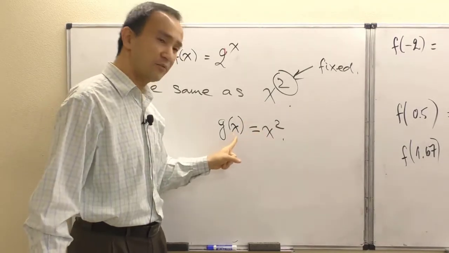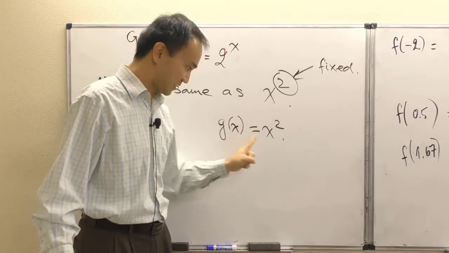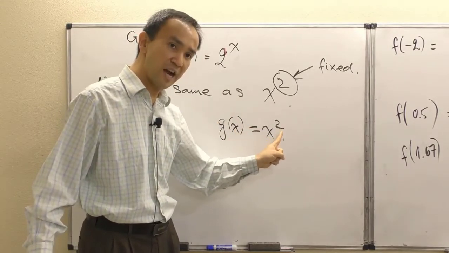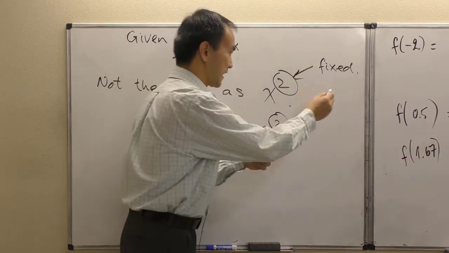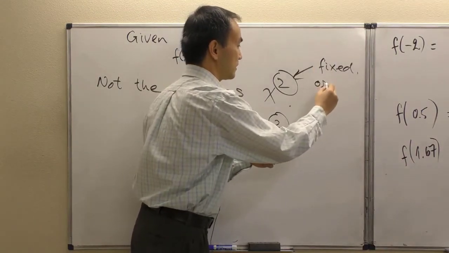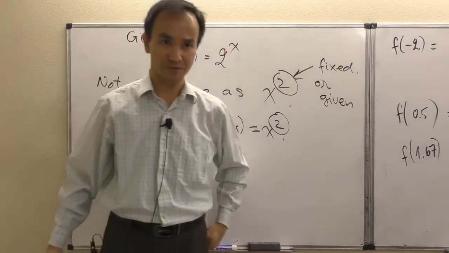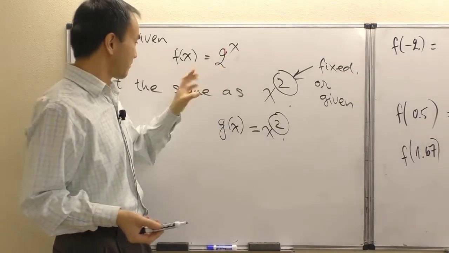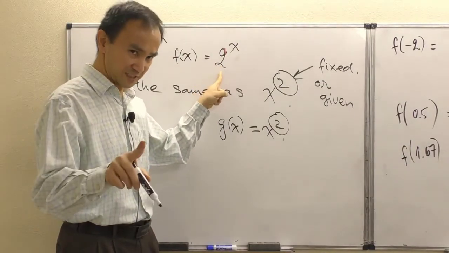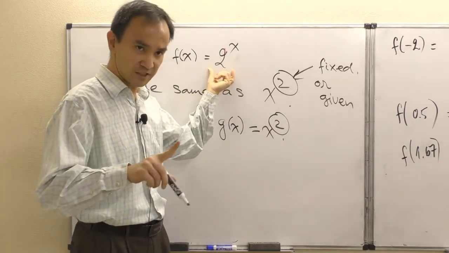So here, if we give an input, we're going to keep the input as the base, and then we're going to raise the input to that given power. So this power right here is given, or I mean fixed. Once it's given, we cannot change it. That's the idea. But here, the base is fixed. The base is the element that once it's given, it stays fixed, it stays permanent.